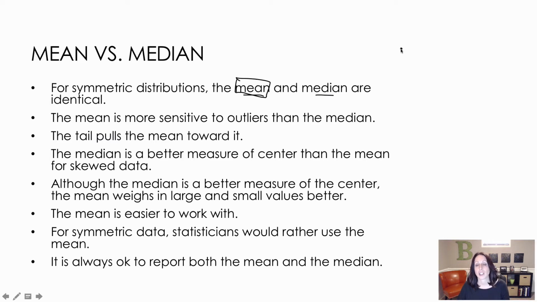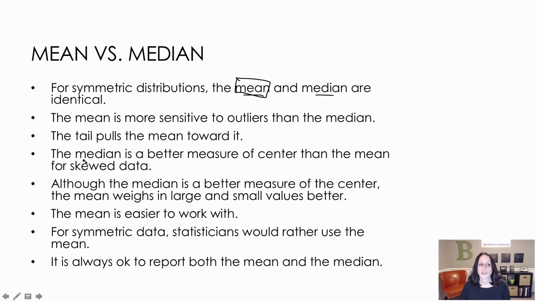So if I added a very large value, that's going to make my mean a lot larger and actually not very representative of my population. If I have a very, very low value compared to all of the other values, then it's going to pull my mean lower and again not represent the data as well.